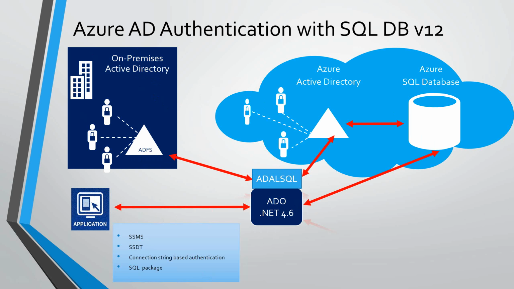The method is smart enough to realize that SQL cannot authenticate, so it pushes the communication back to ADO.NET and everything goes to Active Directory, where, in the case of user and password, Active Directory will authenticate the user and send the token back to ADAL SQL, and it goes through ADO.NET back to SQL. SQL recognizes it, and this way the user and password customer is authenticated.